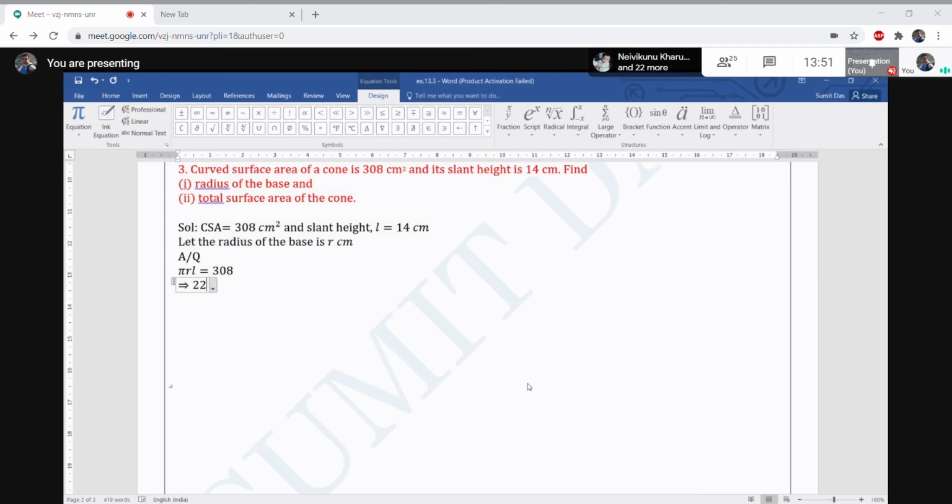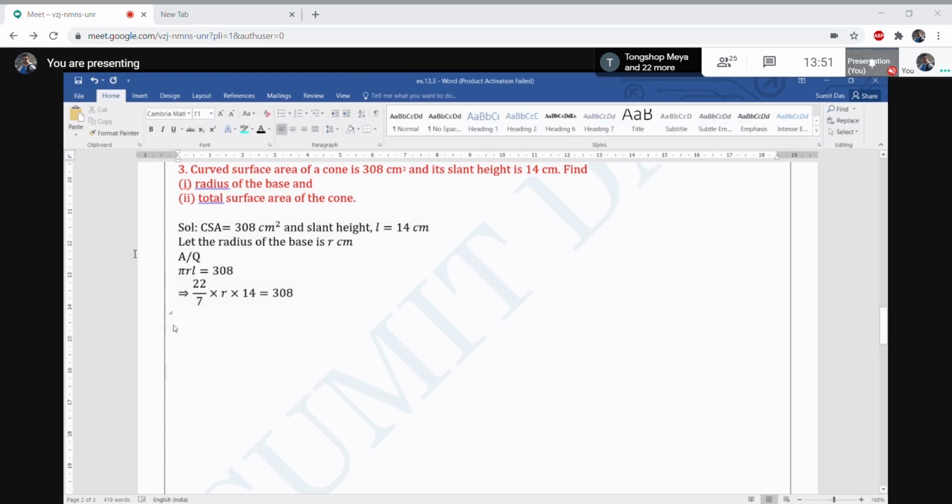Pi value is 22 by 7, then R is R, and L value is 14, which is equal to 308.